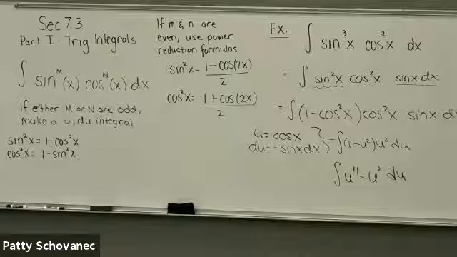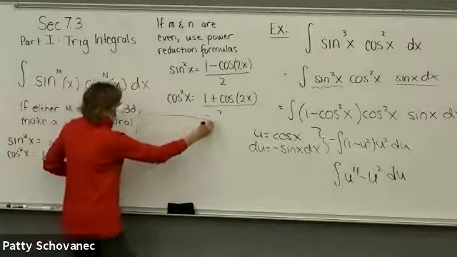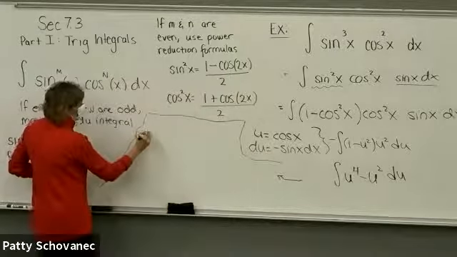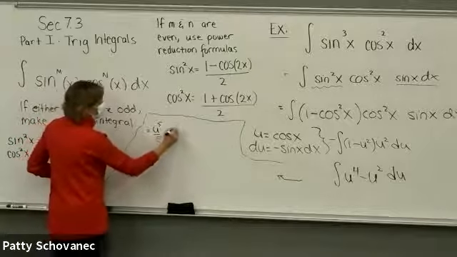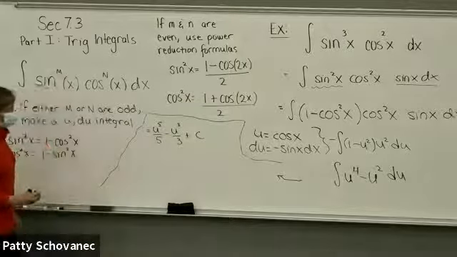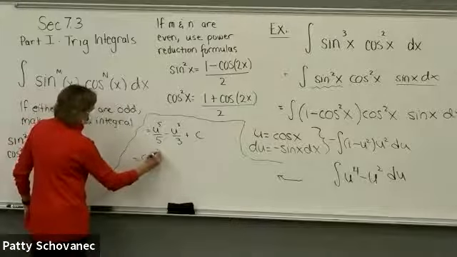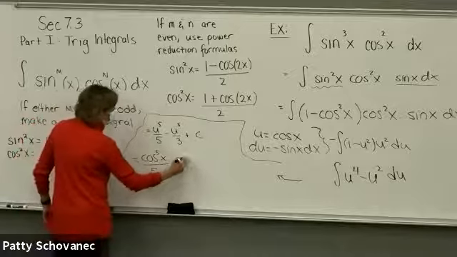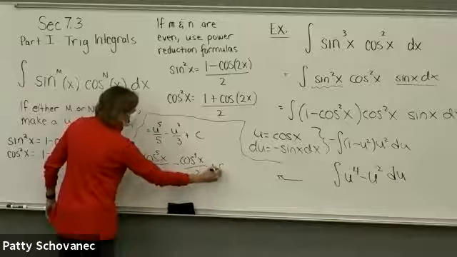And so when you integrate that, we get u to the fifth over 5 minus u cubed over 3. Recall u was the cosine of x. So I have cosine to the fifth of x over 5 minus cosine cubed x over 3 plus C.